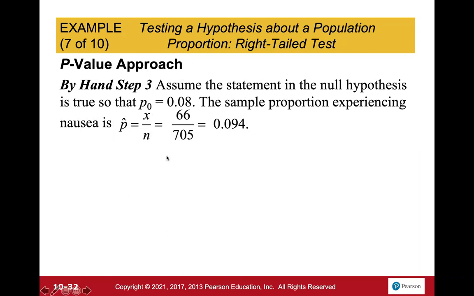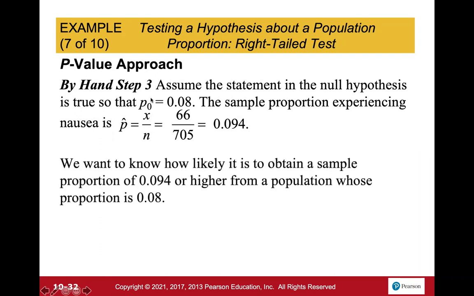Looking at the p-value approach might give us a different insight on the problem. We did all of this. We want to know how likely it is to obtain a sample proportion of 0.094 or higher. Again, this is a value that we got. What we were trying to prove is that p is equal to 0.08. P hat ended up being almost an entire 1.5% above, so that's why we were kind of questioning everything.